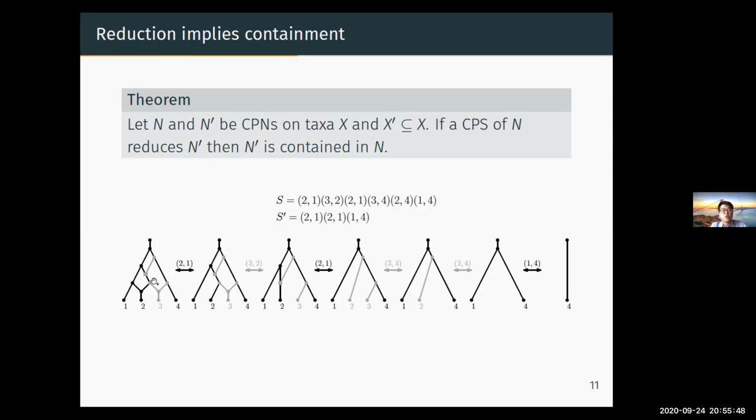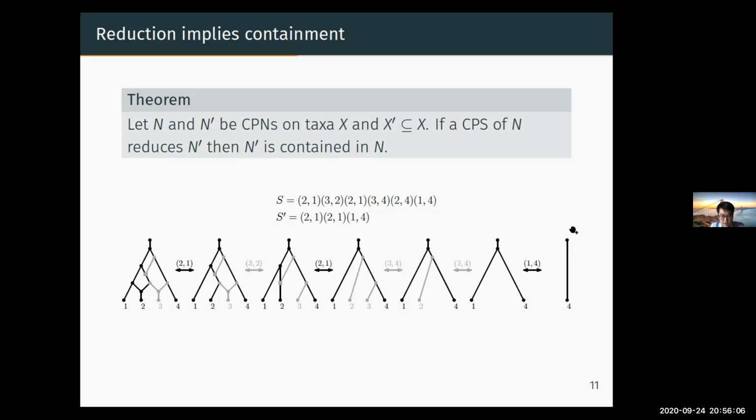So we will build back this network n using the sequence S, and then every time we meet a coordinate that is also used in S prime, we sort of label the edge.